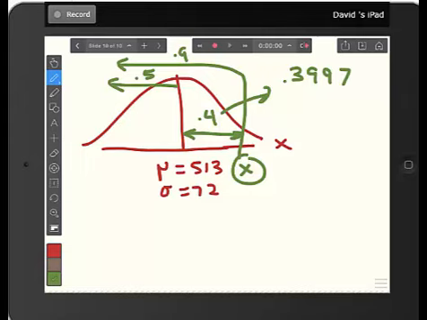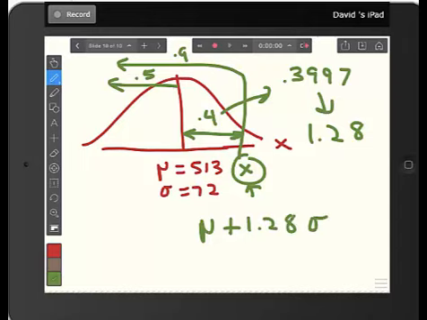Instead of like the other problem, starting at a standard deviation and finding an area, this one we're starting with an area. This is in the center of the table, and we back our way out: you're in the row 1.2 and in the column 8. So this point x is the mean plus 1.28 standard deviations. It's just the number of standard deviations above the mean.